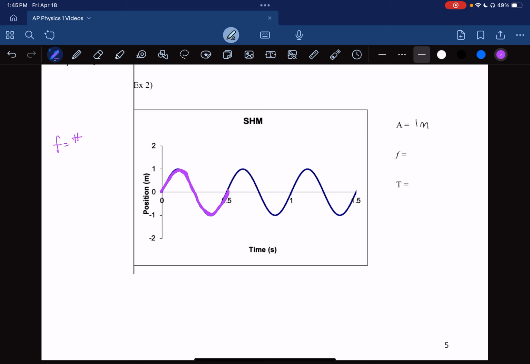Frequency is number of oscillations over time. So again, you can do one oscillation and divide it by that time, or you can do the whole thing. I'm going to count 1, 2, 3 oscillations over 1.5 seconds. And so that should be 2 hertz.